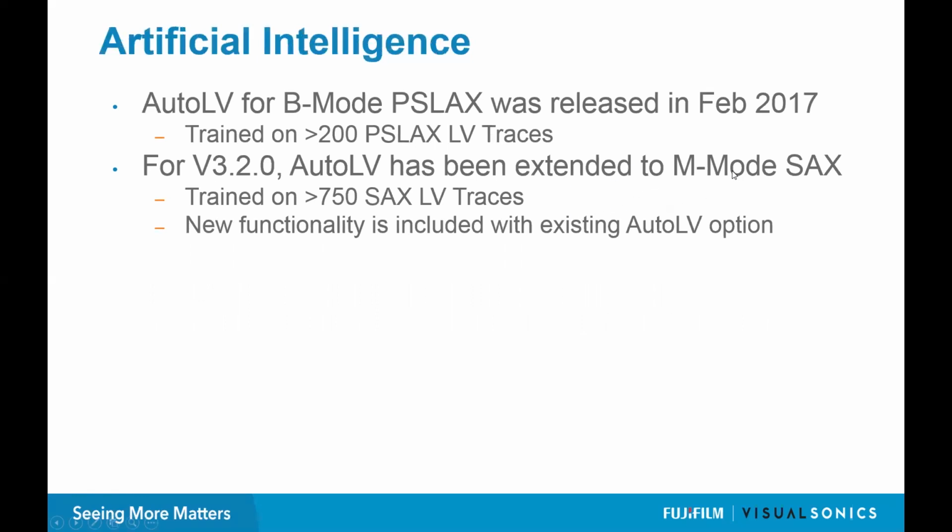And this new Mmode short axis functionality is actually included with the existing AutoLV option. So if you already have AutoLV and you upgrade your Vevo LAB to 3.2, this functionality will be automatically added on. Or if you acquire the AutoLV functionality in the future, it'll include both the Bmode and the Mmode functions.